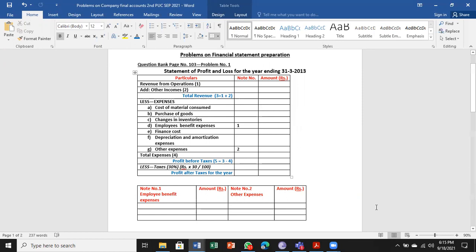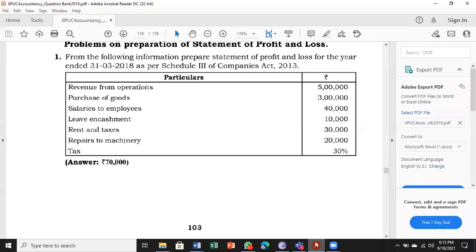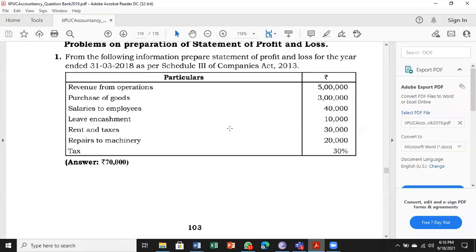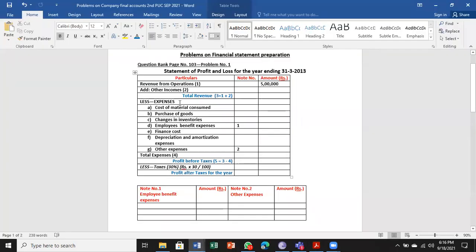So how to go about it. First information we will see here, revenue from operations, 5 lakhs. So we have revenue from operations first, straight away the amount. Next, purchase of goods, 3 lakhs. Purchase of goods, only one item or one amount, 3 lakhs.